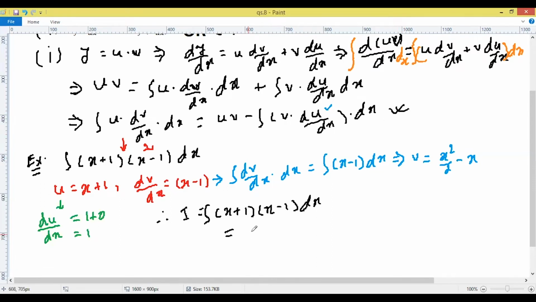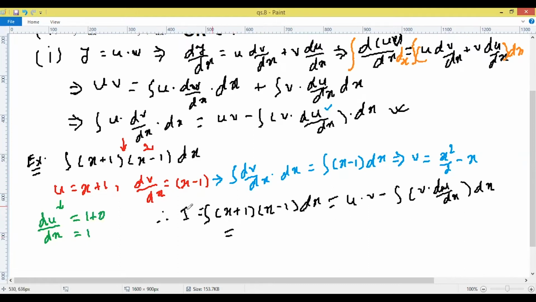Otherwise you can write it here if you feel it is comfortable or easy for you, but I am just taking the reference of this formula in order to write the integration term. In this formula u is x plus 1, so I write here, or if you like, write the formula again: uv minus the integration of v du by dx, and then whole dx.